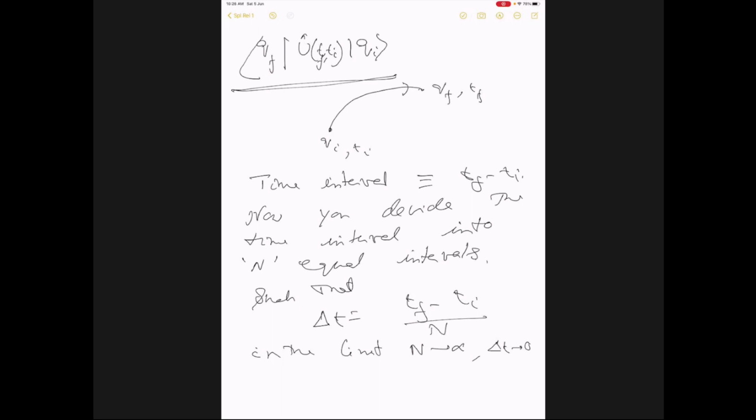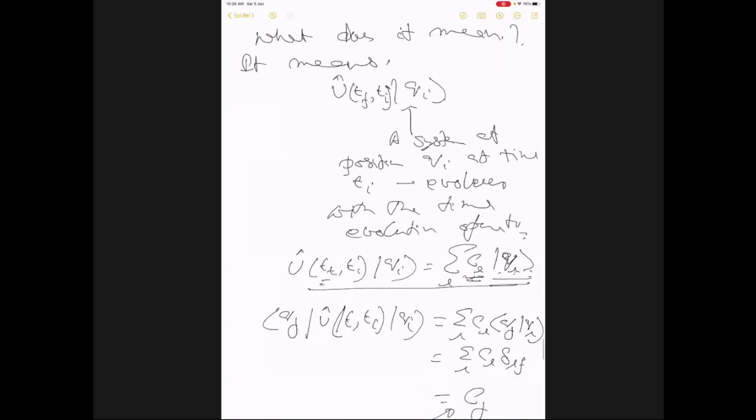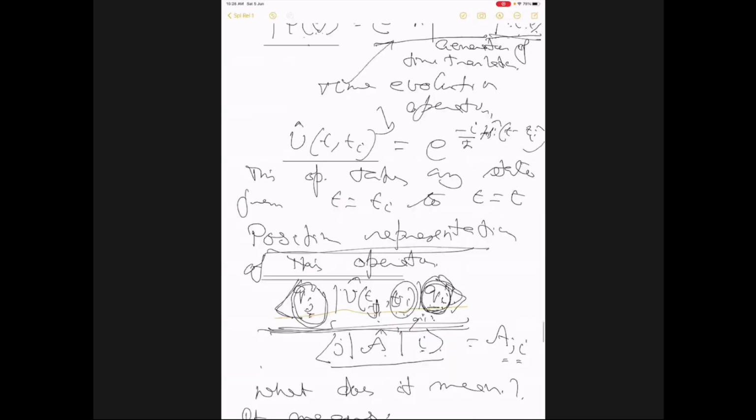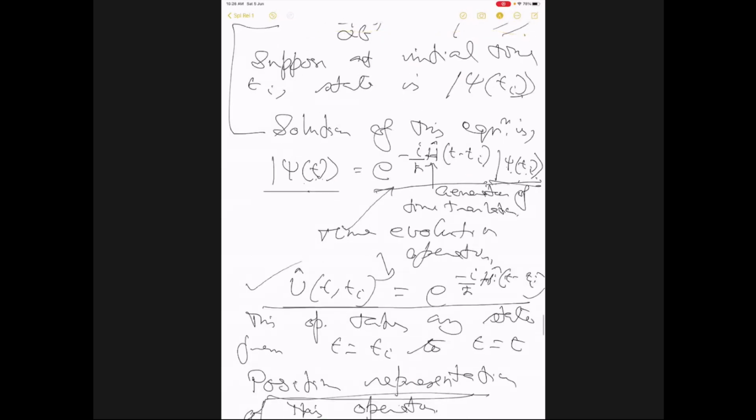So therefore, e to the power minus iH (Tf minus Ti). All of you remember that I found U in this form. Here you can see that I wrote this.